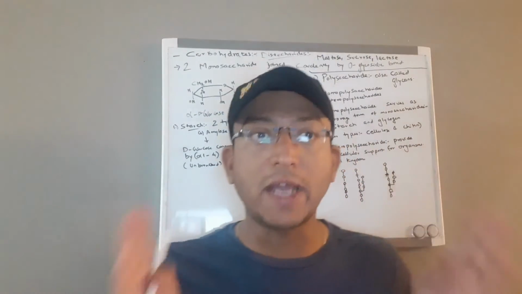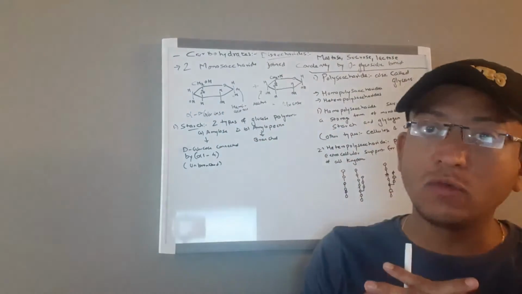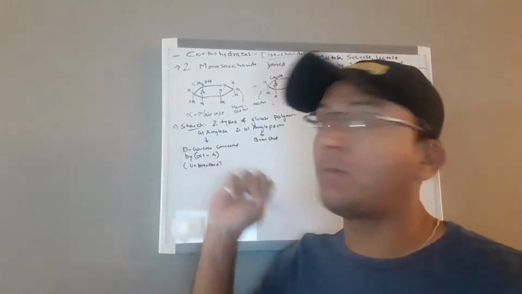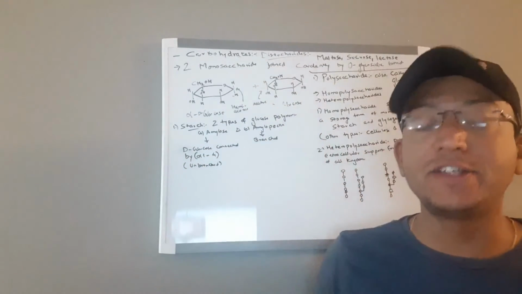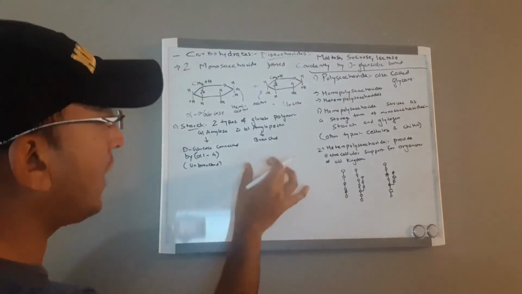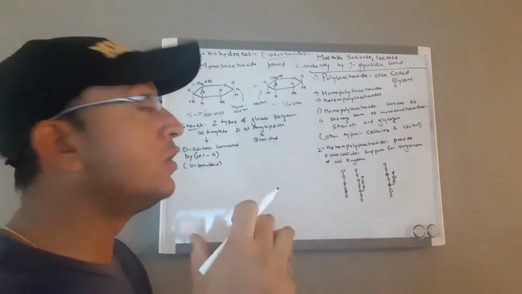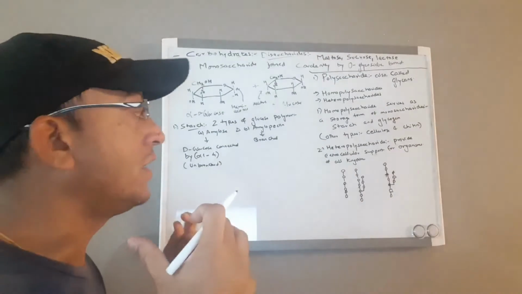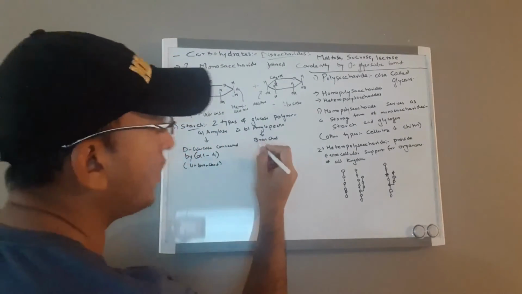So the glycosidic linkages joining successive glucose residues in amylopectin chains are alpha 1 to 4.